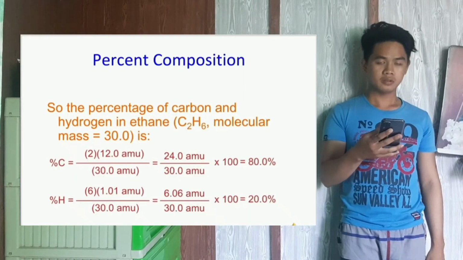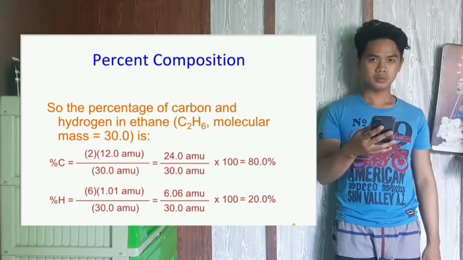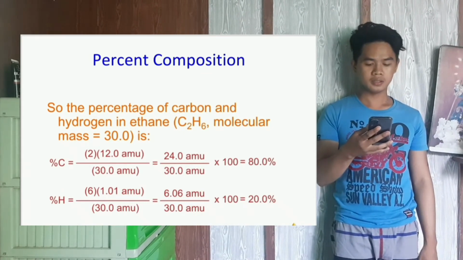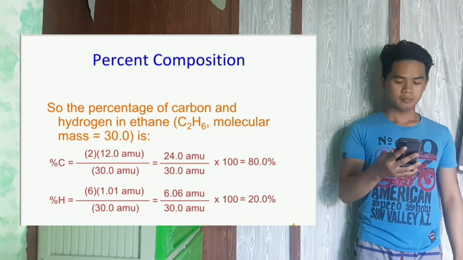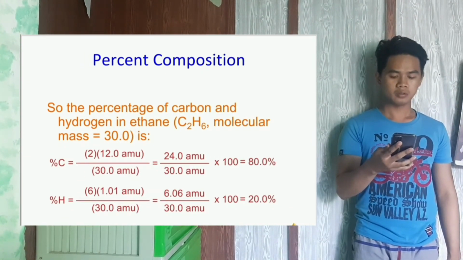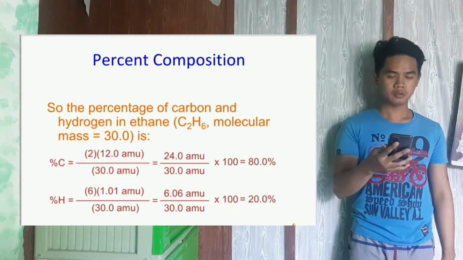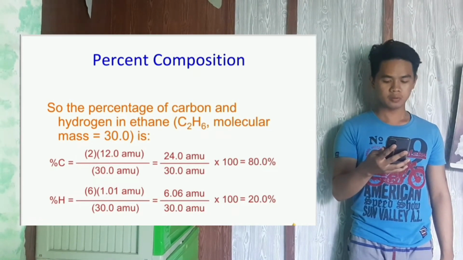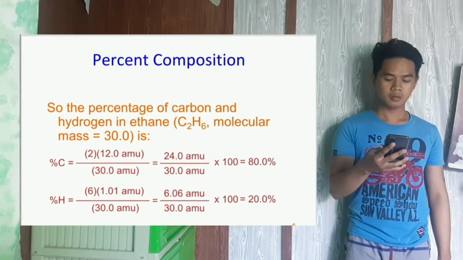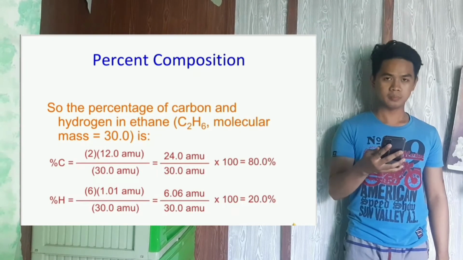Percent composition. So the percentage of carbon and hydrogen in C2H6, molecular mass equals 30, is: percent carbon equals 12.0 amu times 2 over 30.0 amu, which equals 24.0 amu over 30.0 amu times 100 equals 80.0%.